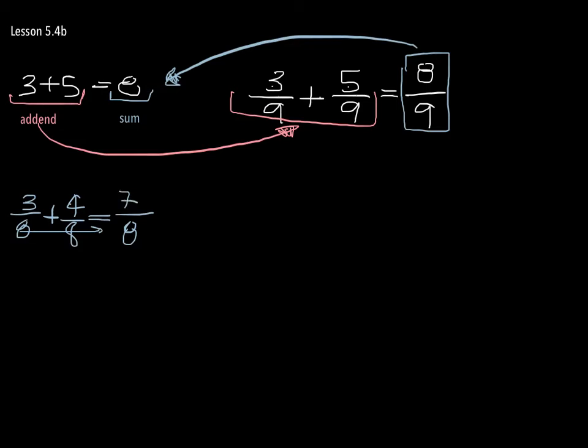Okay? 2/7 plus 3/7. Oh, my pen was kind of fading out there. Keep our denominator the same, and that's going to be 7, because that's what language we're speaking. And then we're going to add 2 plus 3, which is 5/7.